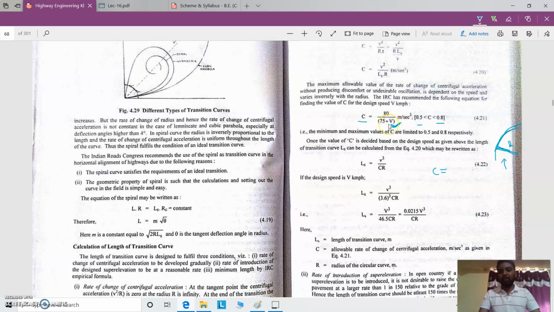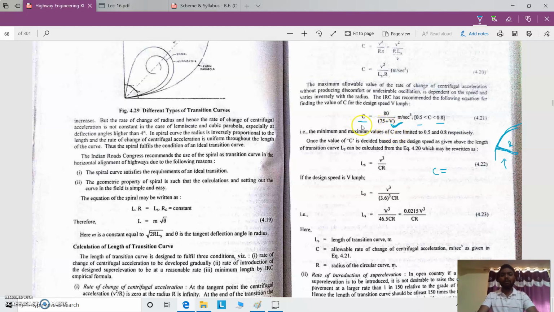In some problems we have to substitute speed in meter per second, and in some in kilometer per hour, because we have not derived these equations. These equations are recommended by the Indian Road Congress, so we have to substitute the values in the format they have suggested.